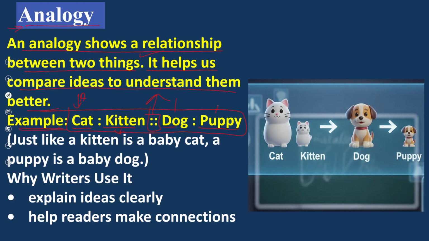The same case, dog and puppy. This is the analogy. The relationship between these two words can be seen in the same way in the other two words, and this type of relationship is called an analogy. Just like a kitten is a baby cat, a puppy is a baby dog.